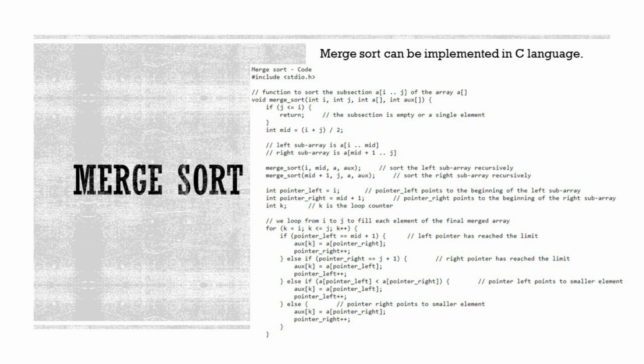We have an if statement in the for loop: if the left pointer has reached the limit, or the right pointer has reached the limit, or else if A[pointer left] is smaller than A[pointer right], the left pointer points to the smaller element, and else the right pointer points to the smaller element, which is aux[k] equals A[pointer right].